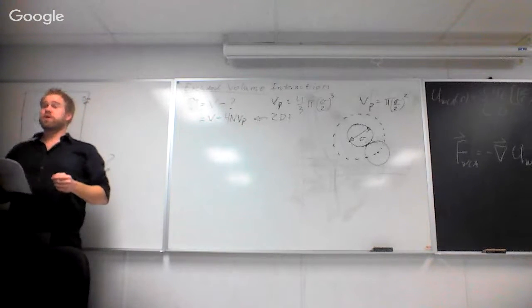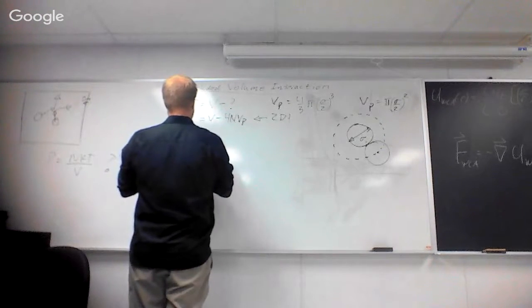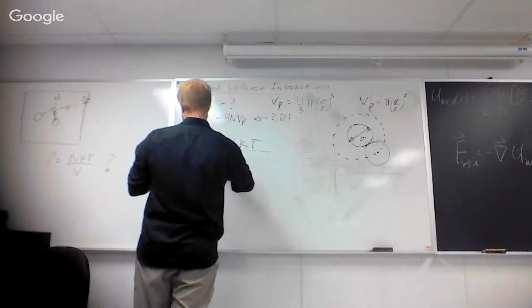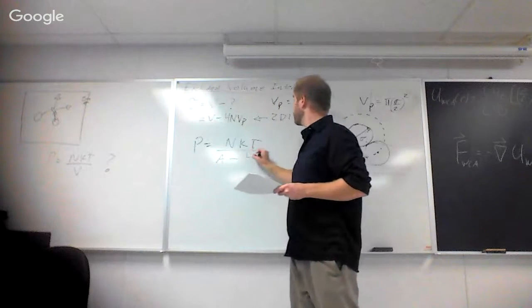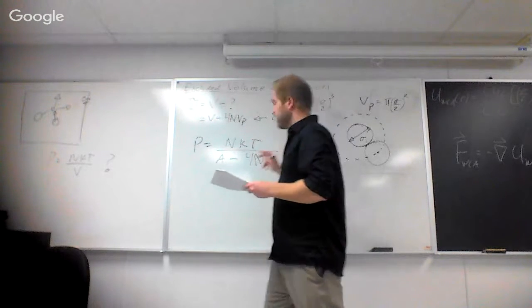All right, is everybody okay with this? So our new ideal gas law then, let's write it in 2D now. So let's do area, 4N times the area of the particle.